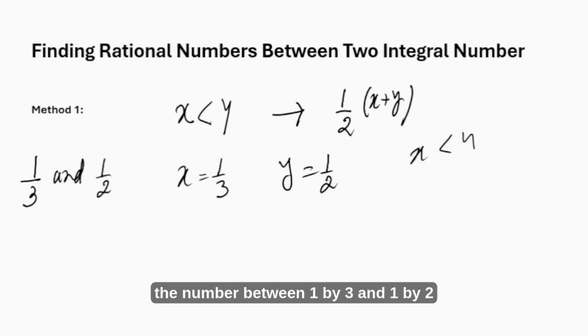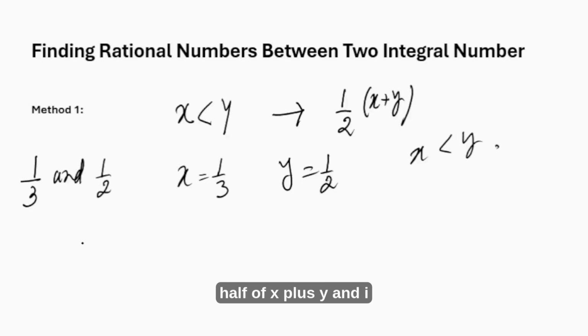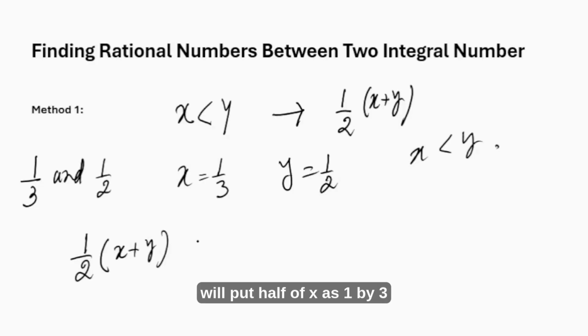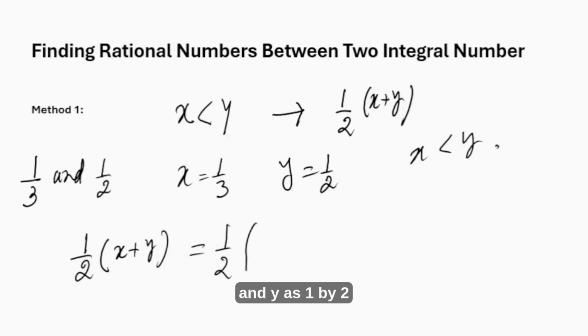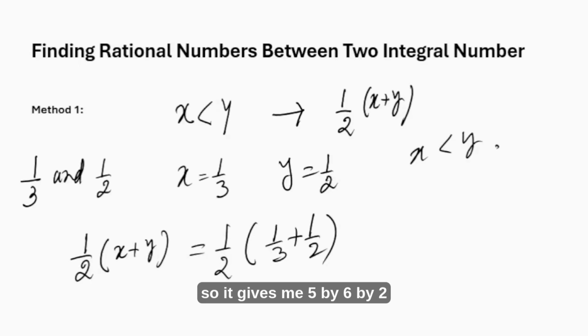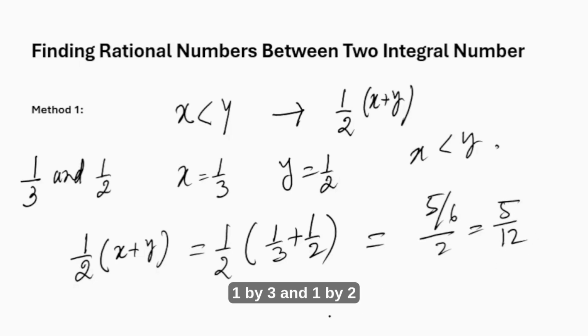So the number between 1/3 and 1/2 can be found using the formula half of x plus y. I put x as 1/3 and y as 1/2. So it gives me 5/6 by 2, which is equal to 5/12. So 5/12 lies in between 1/3 and 1/2.